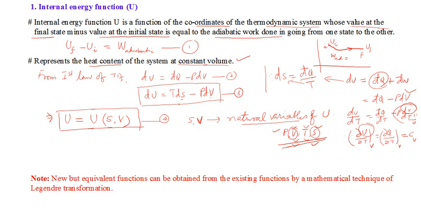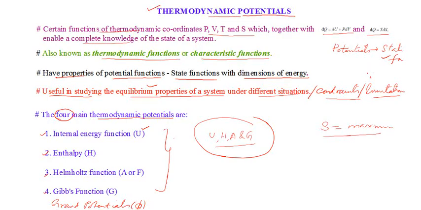Thermodynamic potentials are certain functions, for example U, of thermodynamic coordinates P, V, T and S. We won't use all of them, we will be taking only two of them. That is enough. So here we have taken V and S. So U is a function of V and S, which together with this equation and this equation.